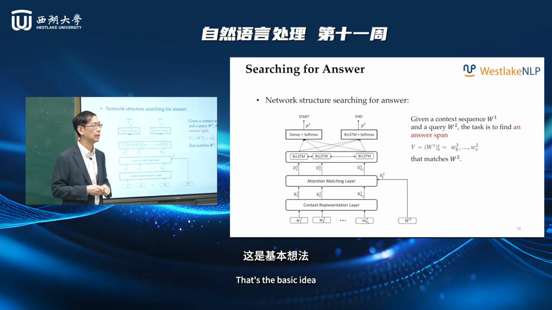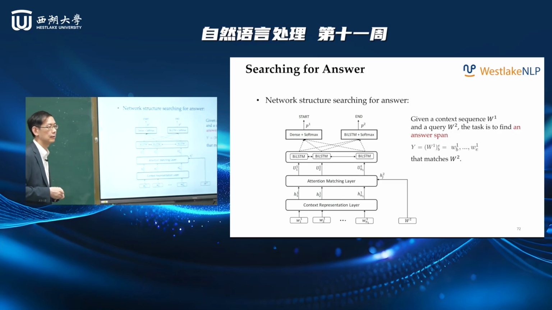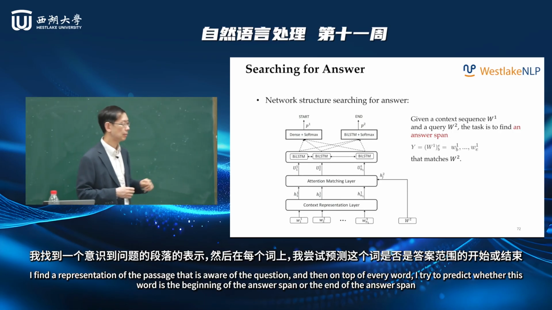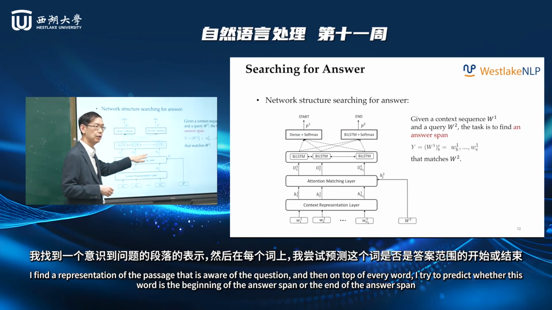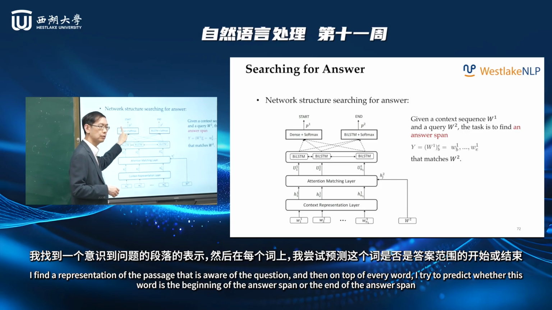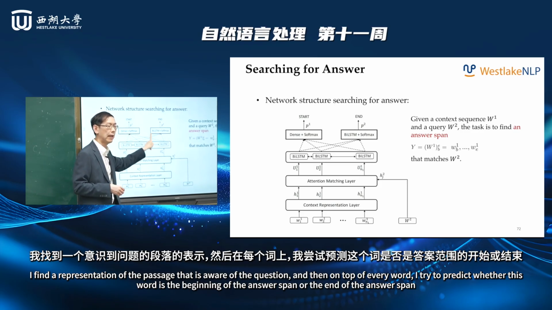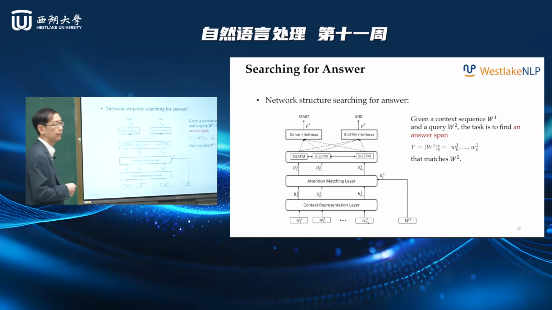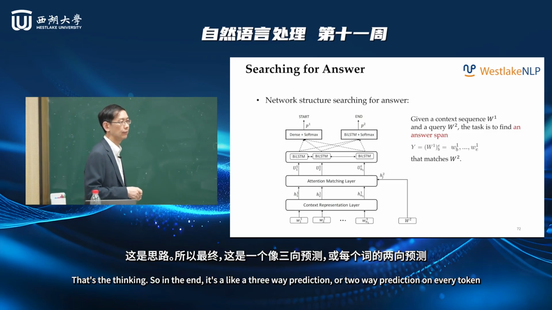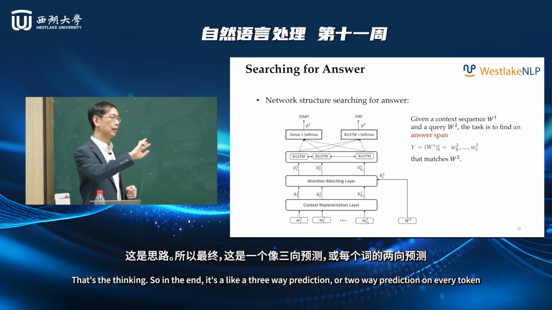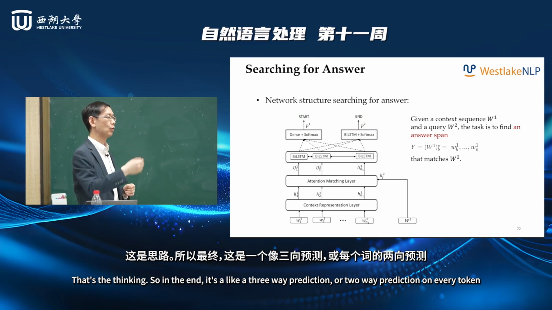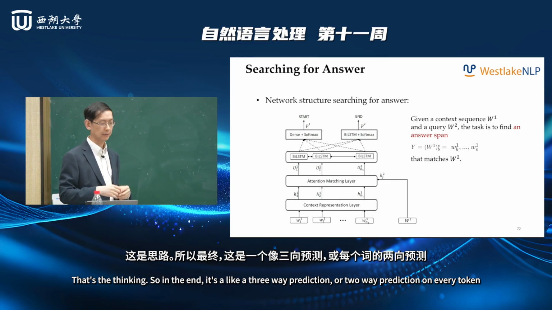That's the basic idea. I find a representation of the passage that is aware of the question, and then on top of every word, I try to predict whether this word is the beginning of the answer span or the end of the answer span. That's the thinking. So in the end, it's like a two-way prediction on every token.